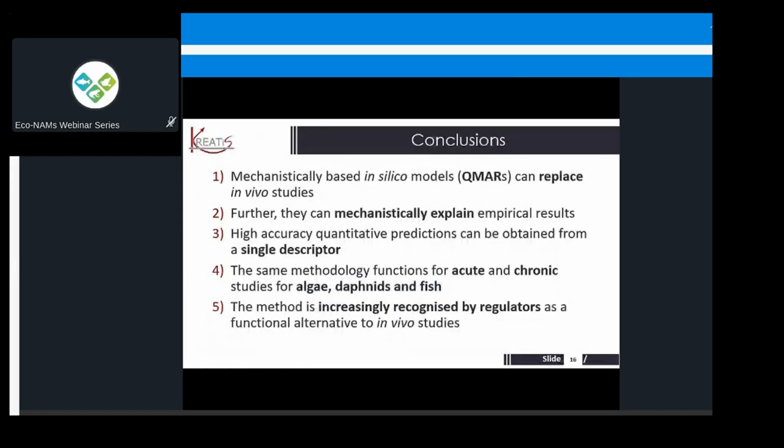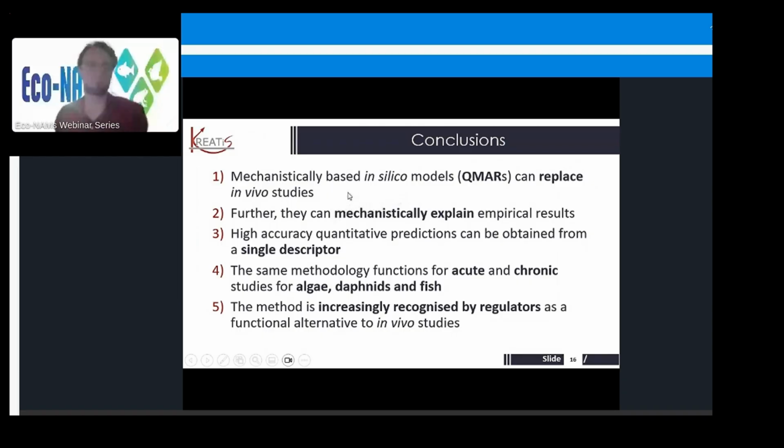Last point. The conclusion now is therefore that mechanistically based in silico models can replace in vivo studies, and they can obtain regulatory acceptance. Further, they can mechanistically explain empirical results, so they have more use than just a single empirical result that you don't quite know how you got.